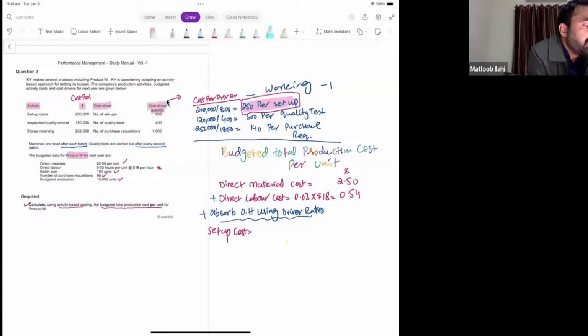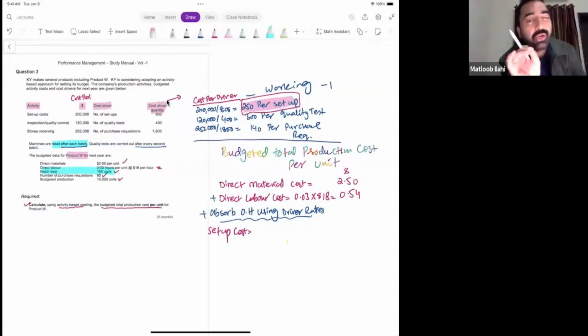The machines are reset after every batch. So how many batches are there? Batch size is 150 units. This is a little bit tricky calculation. Machines are reset after every batch, so you need to know how many batches are required.